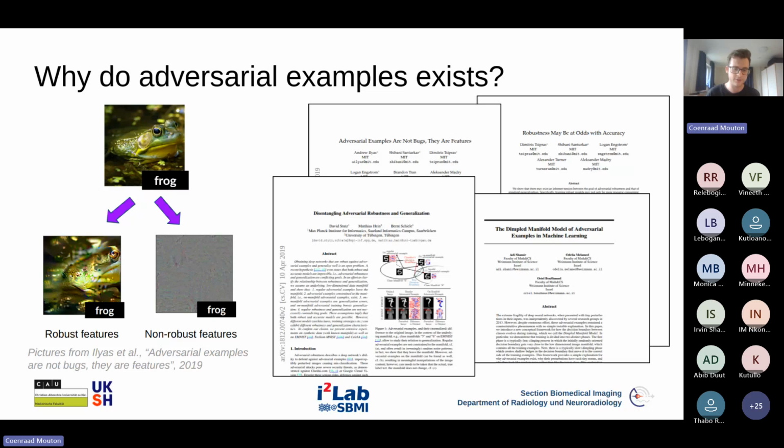It's an entire subfield, actually, in the adversarial robustness literature, and there have been many papers written on the topic. One thing everyone seems to have found consensus on, though, is that one of the reasons why networks are susceptible to these adversarial attacks is that they tend to use two different sorts of features.